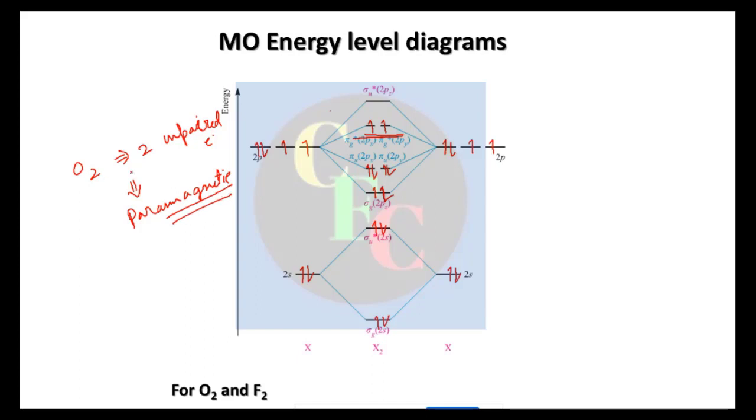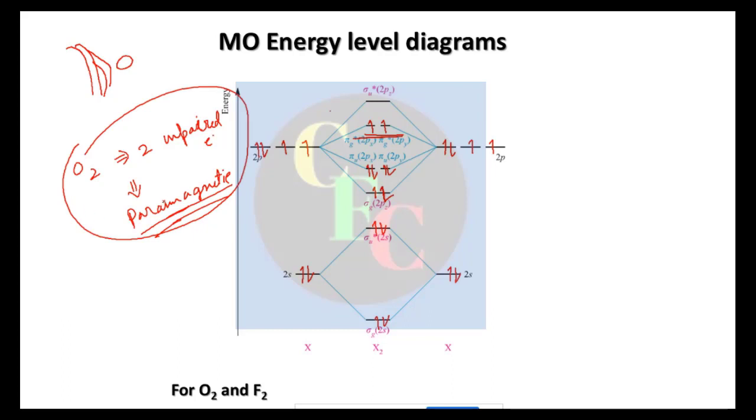The oxygen molecule is paramagnetic. In fact, if you just go to YouTube and type liquid oxygen and magnet, you will see that if you have a stream of liquid oxygen and you put a magnet near it, it will flow towards it, right? So this shows that liquid oxygen itself is paramagnetic.